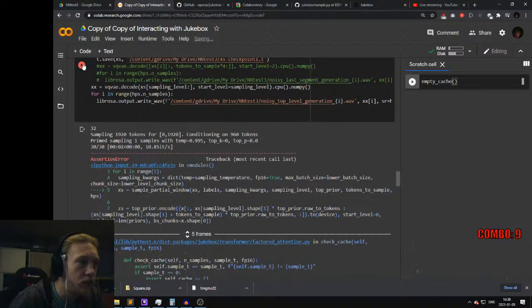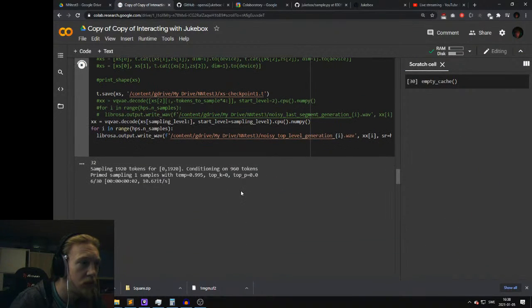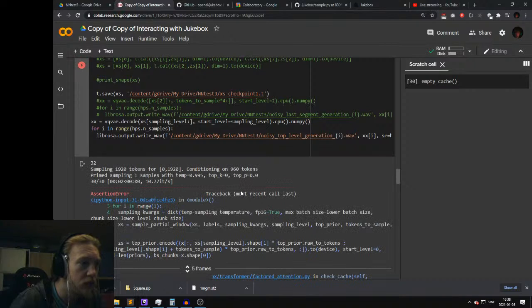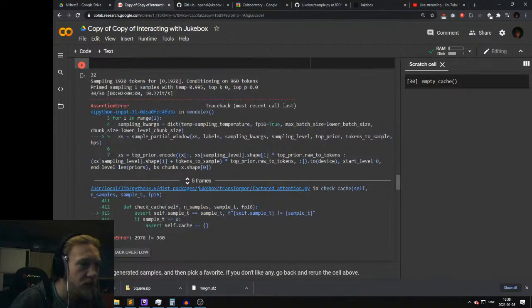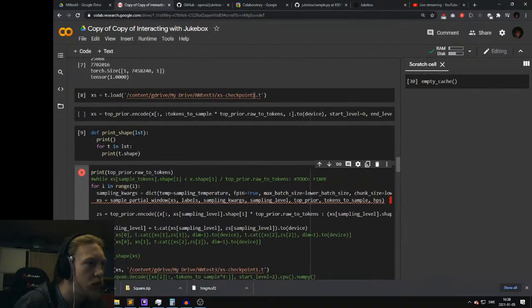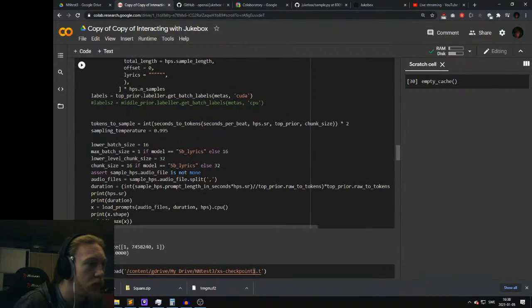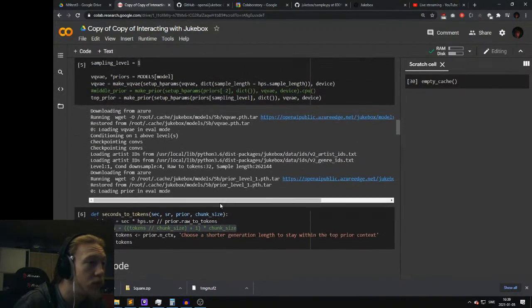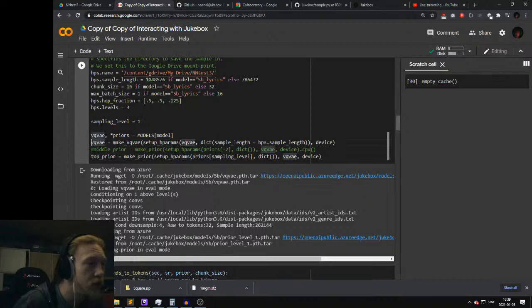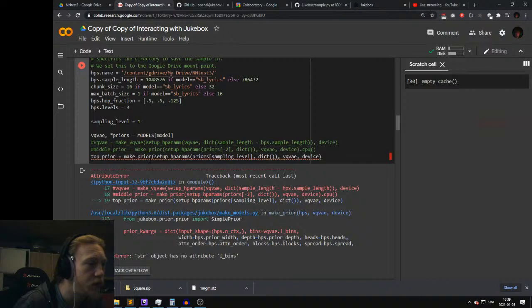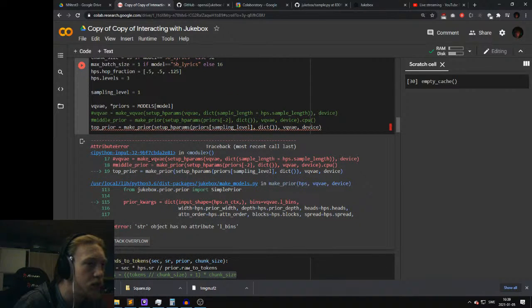This won't help, I think. Oh, yeah, that's the length. So what if I just recreate the prior? Recreate my prior. Oh, okay, shit.